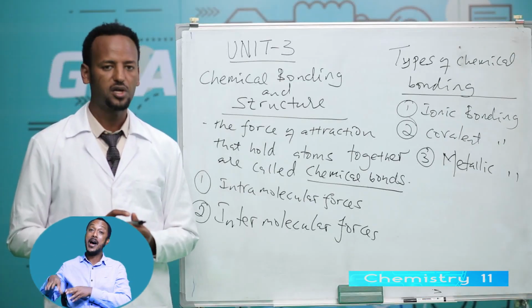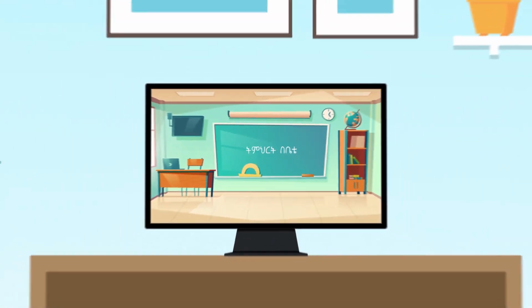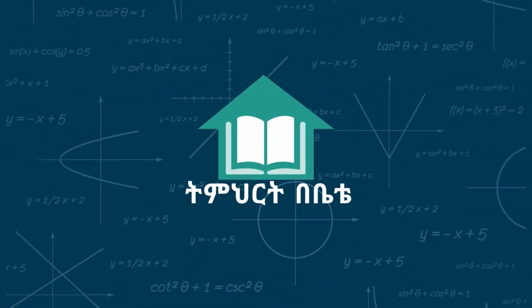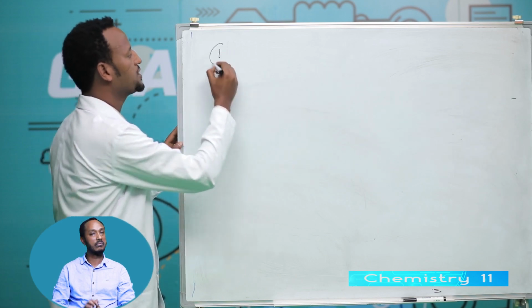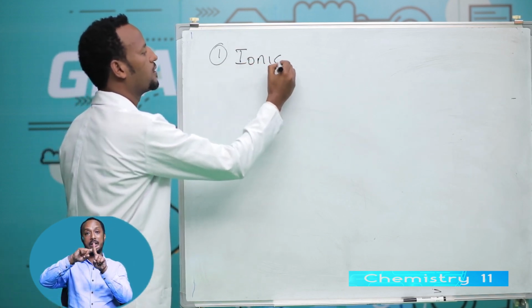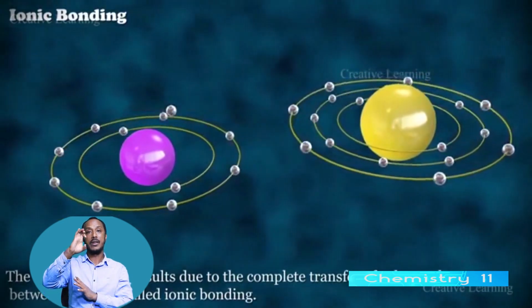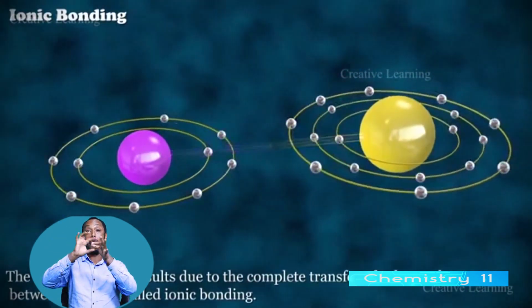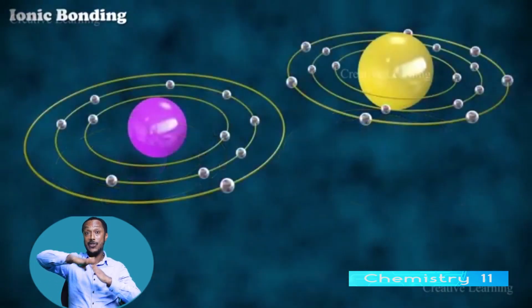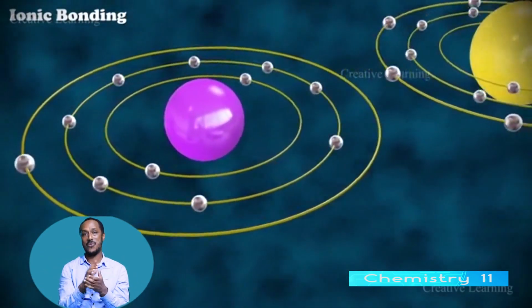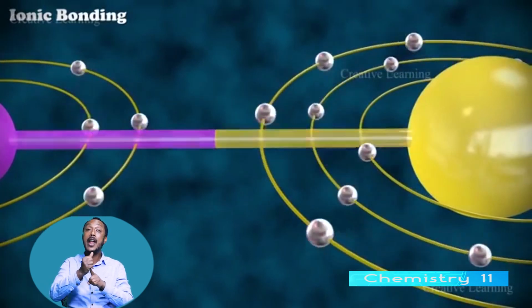Students, what is ionic bonding? Ionic bond is formed by electron transfer, metal to non-metal or non-metal to metal.